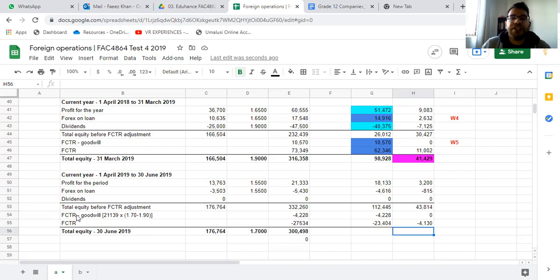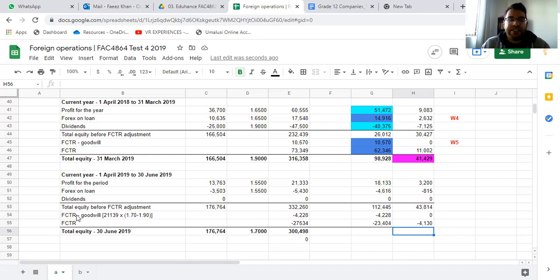But the moment your goodwill is using the partial method, then you have to have two FCTRs, one specifically for goodwill and one for the remaining FCTR. So my recommendation is to avoid having to think about that, just always split between FCTR goodwill and the remaining FCTR.